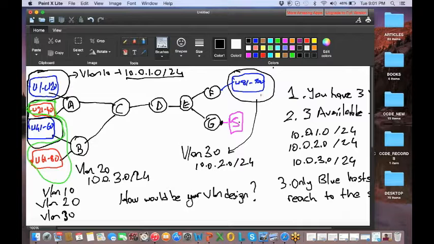But in the other blue user group, VLAN 30 on this side, the subnet is 10.0.2.0/24. Now this is also contiguous, I did that. So for my filter entry, I can even summarize, and do something like 10.0.0.0/23, right?